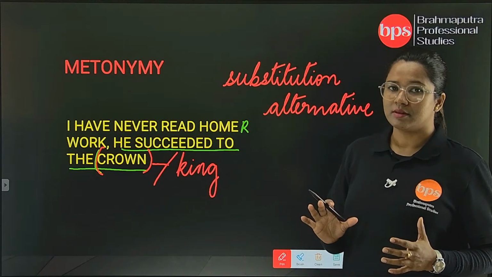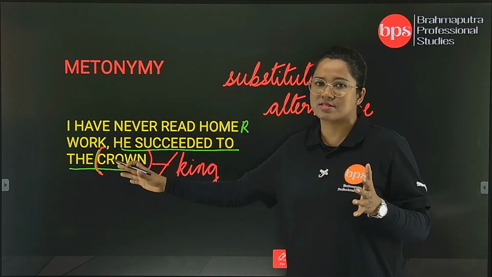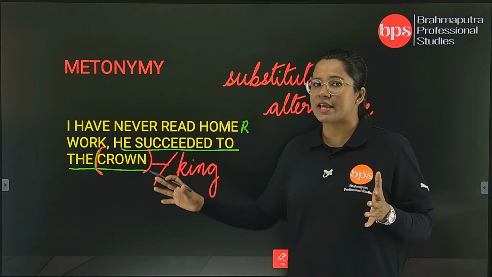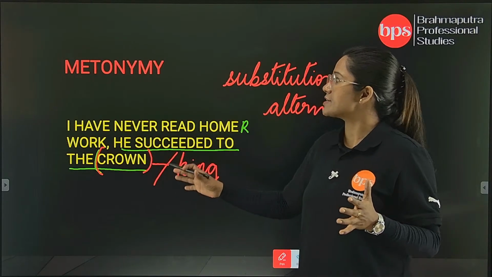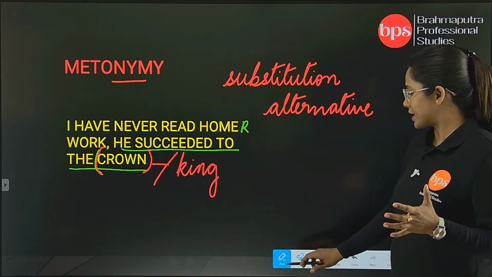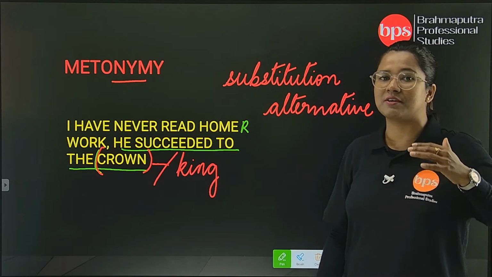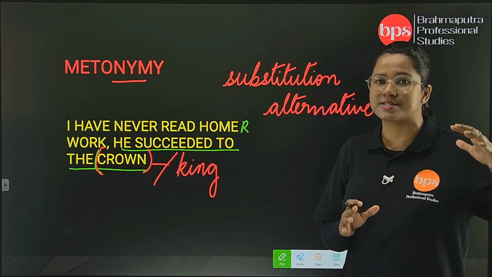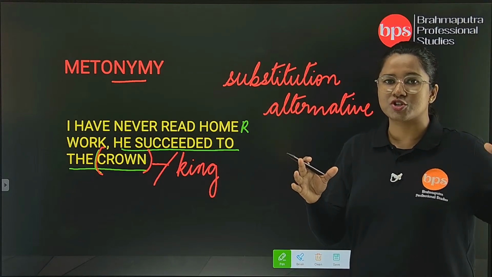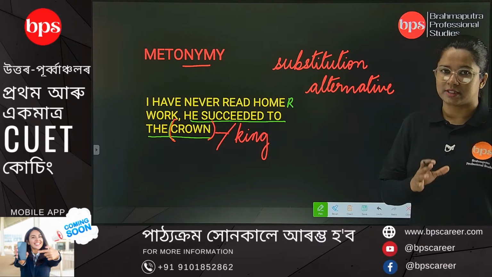So when in place of the exact word, something else is used, then we identify that as metonymy. Okay? Can you understand what I am trying to refer to here? When you give an alternative to the exact perception or the exact concept, then we term it as metonymy.